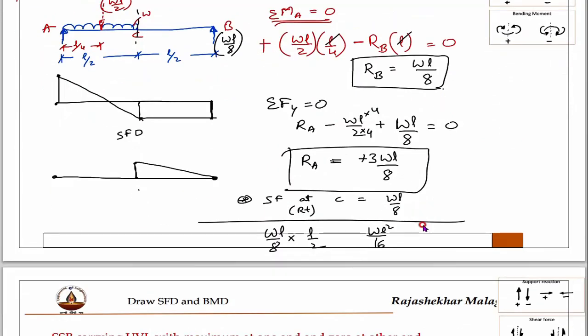Means here shear force is changing the sign, therefore I will just drop it down. At this point I should get maximum bending moment. For that I have to draw a parabola such that it goes and reaches a maximum point and then comes down. Okay, this is our maximum shear force diagram.